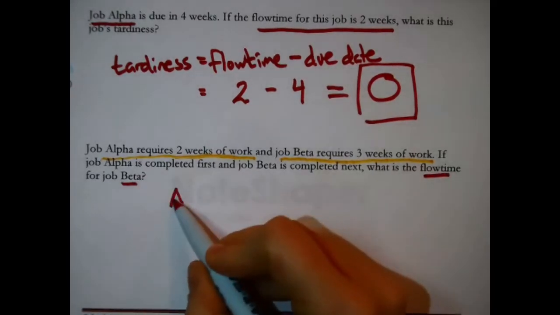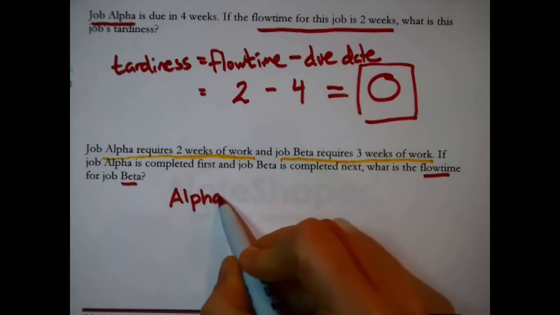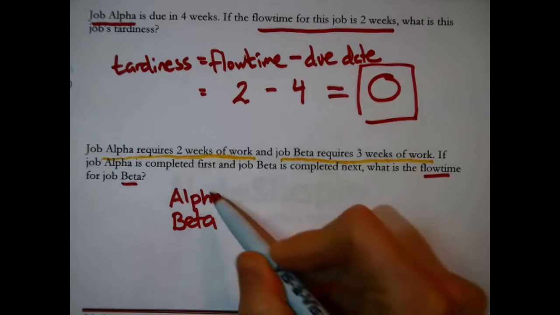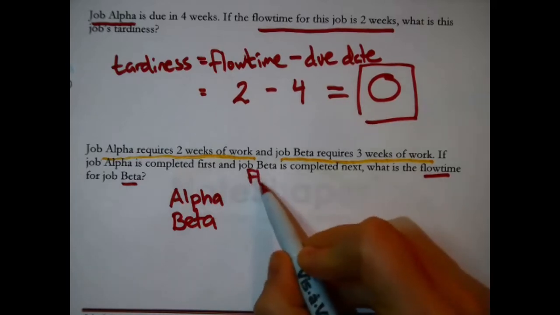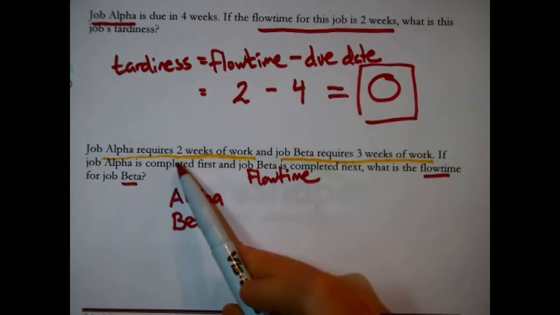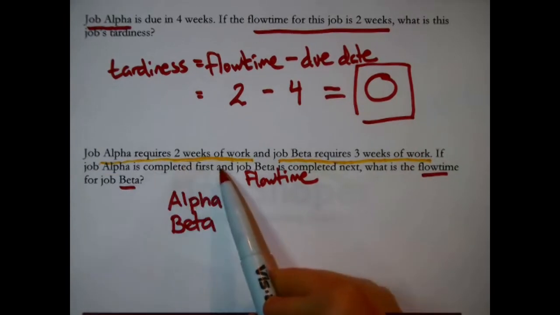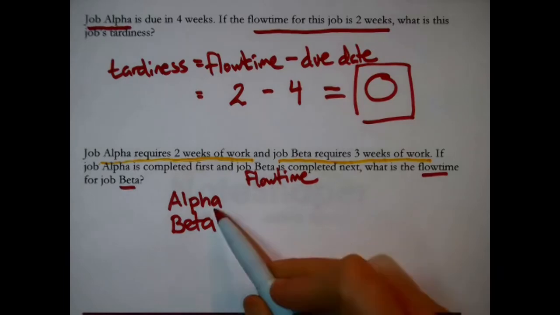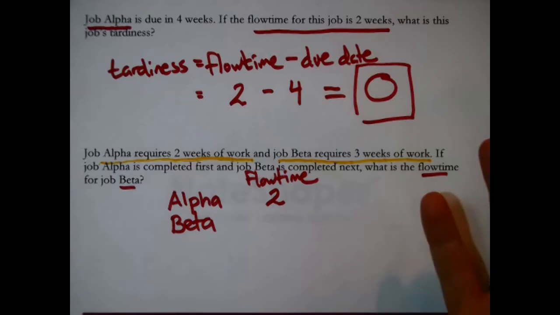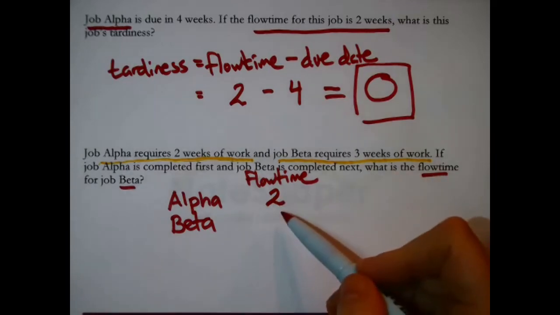I just need to set up this schedule. Alpha is going to be completed first. Beta is going to be completed next. The question is about flow time. Alpha is now, in this problem, 2 weeks' worth of work. That means that if we start on it right now, this is just logic, we will be finished with it in 2 weeks, so the flow time is 2 weeks.